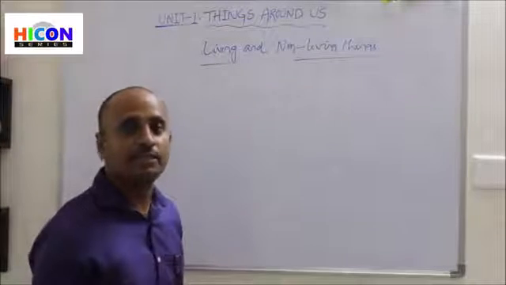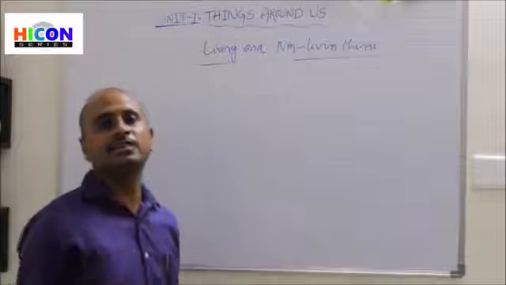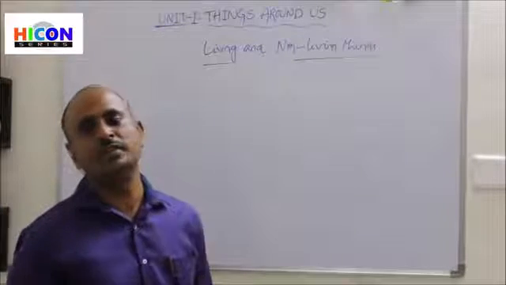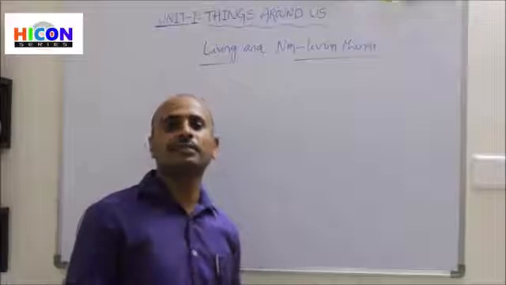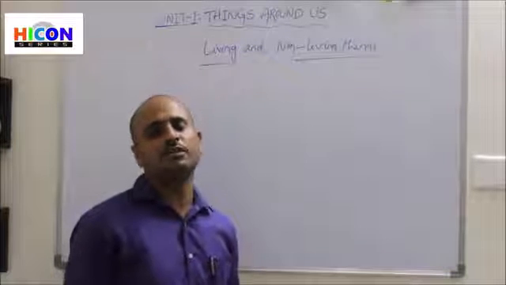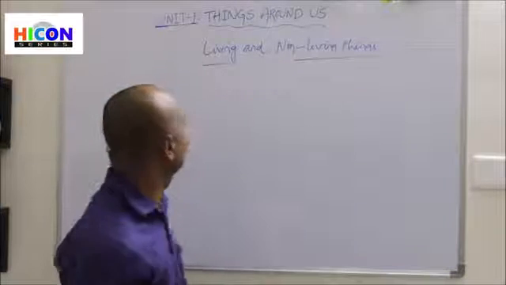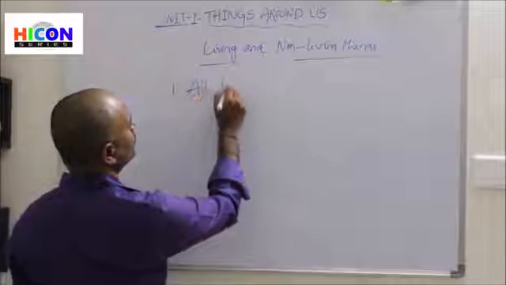So let us see the first characteristic. There are 5 characteristics by which we can differentiate living things and non-living things. The first characteristic is that all living things grow.